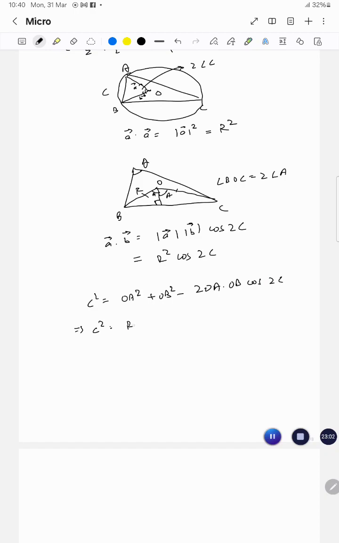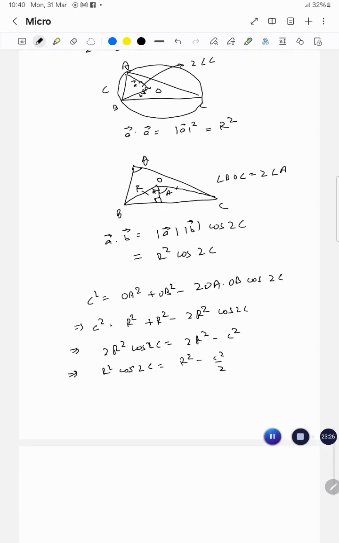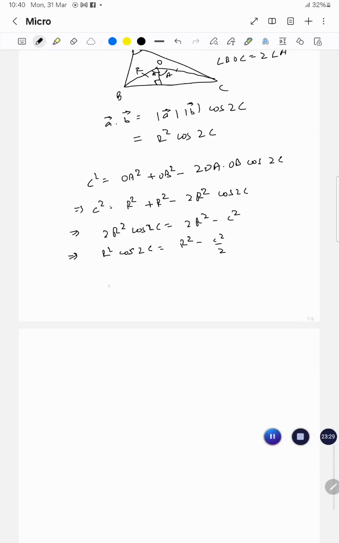C square is equal to R square plus R square minus 2R square cos of 2C. So 2R square cos of 2C is 2R square minus C square, and R square cos of 2C is R square minus C square by 2. So A vector dot B vector is R square minus C square by 2.